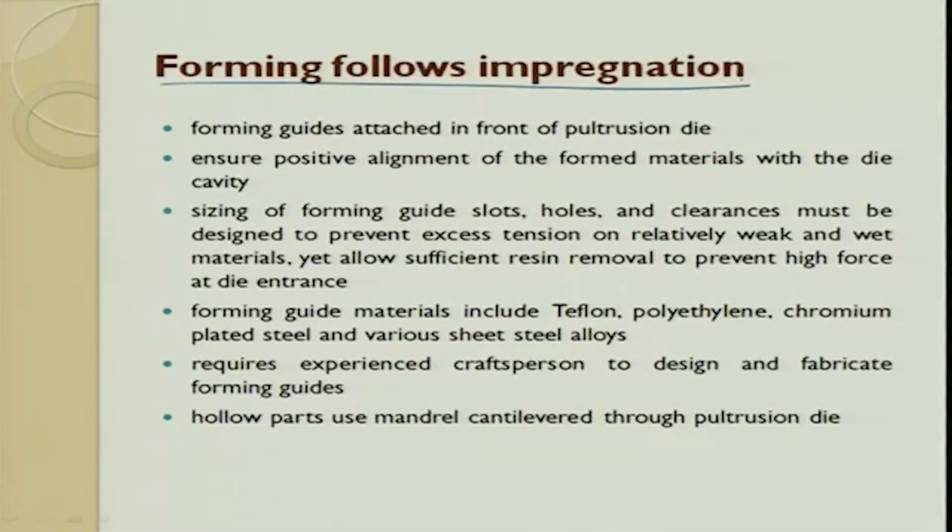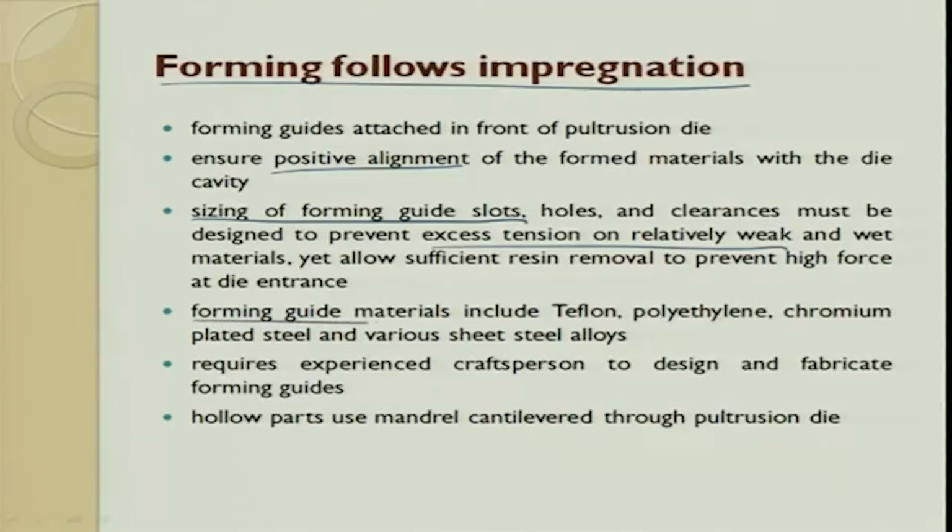Here the forming guides are attached in the front of the pultrusion die, and ensuring positive alignment of the form material is very important. The sizing of the forming guide slots, holes and clearance must be designed to prevent excess tension or relative weak points.